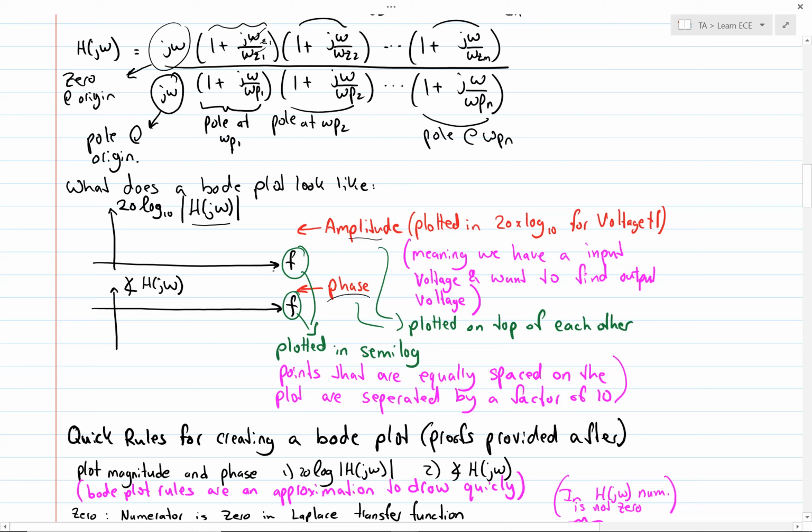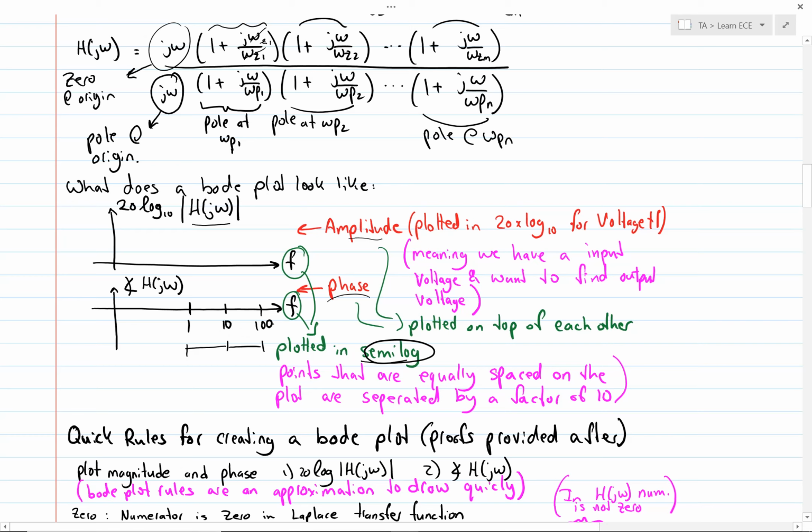Now, one important thing is that this is plotted in semi-log x, which means that points that are equally spaced on your sheet, when you're plotting it, are separated by a factor of 10. So for example, if I did frequency 1, this would be frequency 10, 100, and so on. You can see these are equally spaced out, but they're spaced out in frequency by a factor of 10.